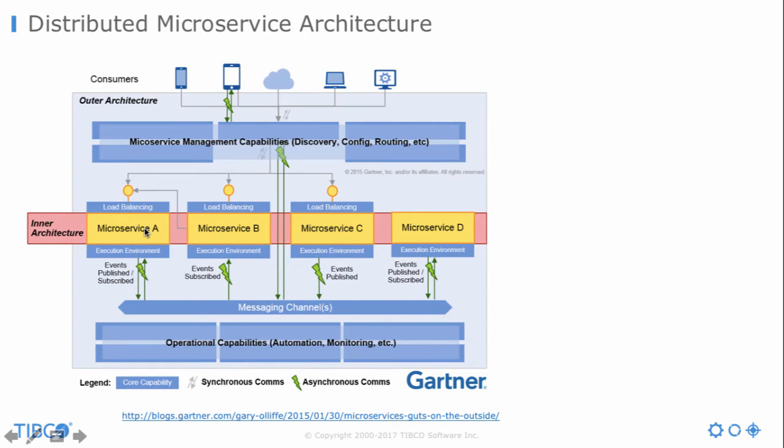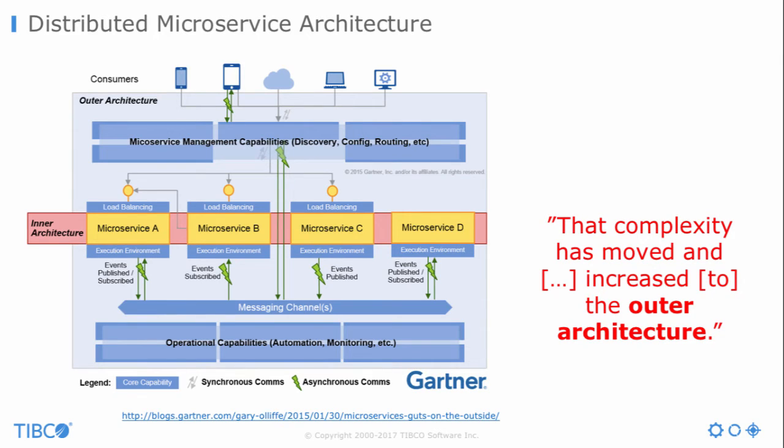With microservices, you have many new challenges compared to a monolith, like load balancing, service discovery, failover, client-side load balancing, caching, and all this distribution and those things. And configuration is distributed, and how to analyze the logs. So the complexity really has moved and increased to the outer architecture. And that's a complete game changer. So you do not just develop a monolith anymore, but many microservices plus all the logic around this.